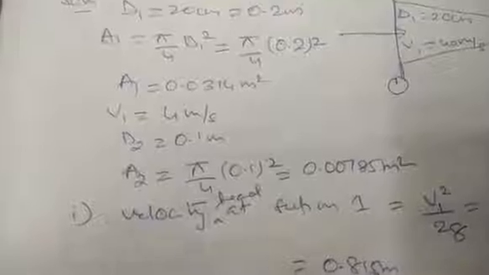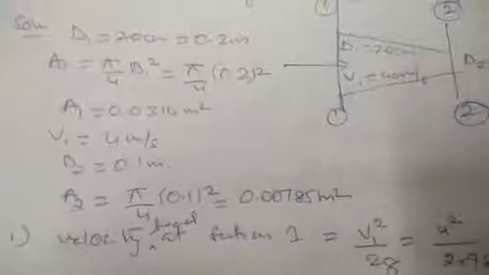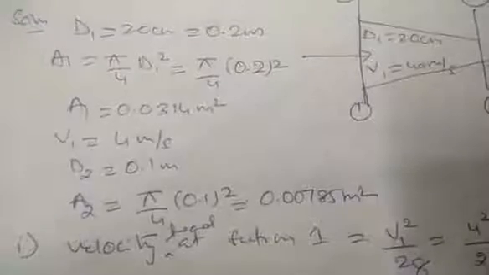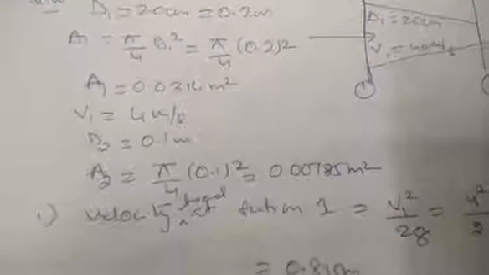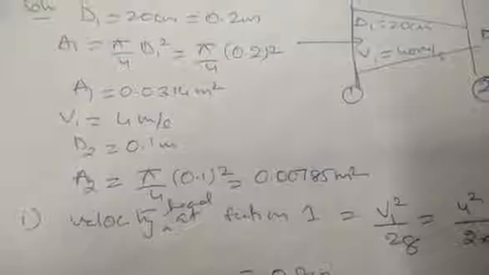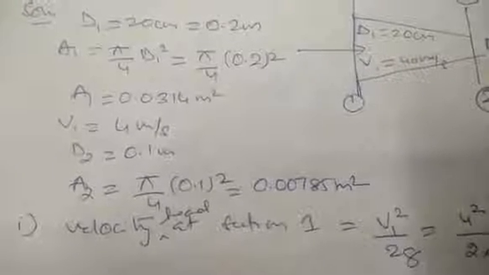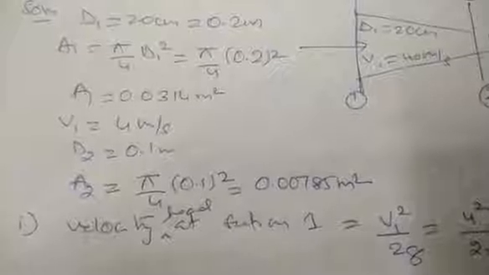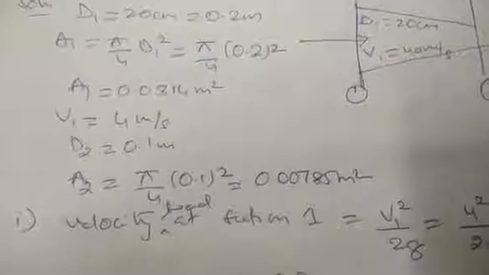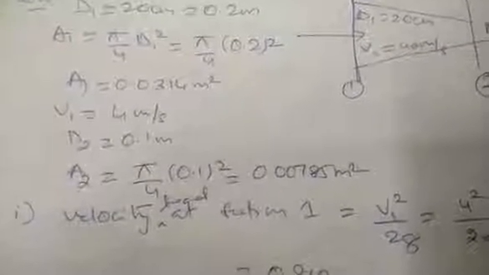Velocity at section 1 is given, it is 4 meter per second, and diameter at section 2 is given, it is 10 centimeter, that is 0.1 meter. In order to find A2 you use the same formula. A2 is equal to pi over 4 D2 square. So we get the area at section 2 as 0.00785 meter square.